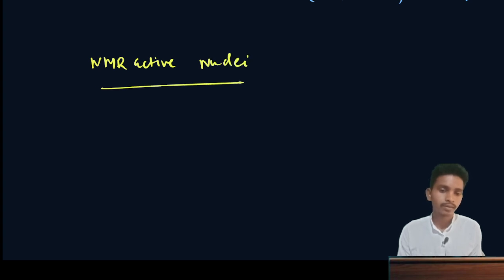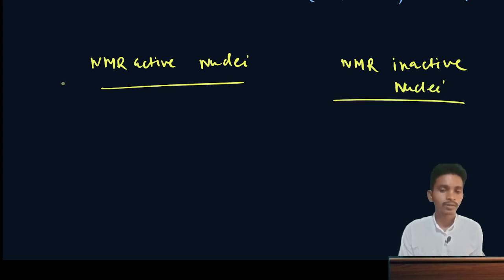Okay, so here we say NMR active nuclei and NMR inactive nuclei. So which are NMR active nuclei? We can say 1H and deuterium, and all which are not divisible by 4.